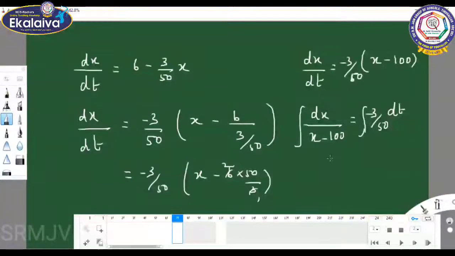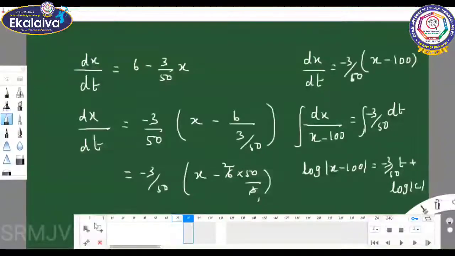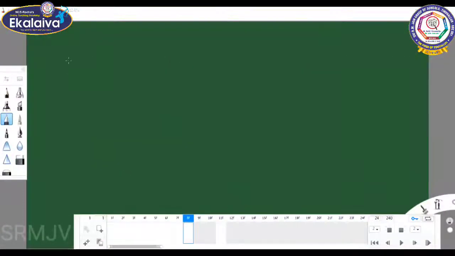The integral of dx by x minus 100 gives log of modulus of x minus 100 equal to minus 3 by 50 t plus log of mod c.